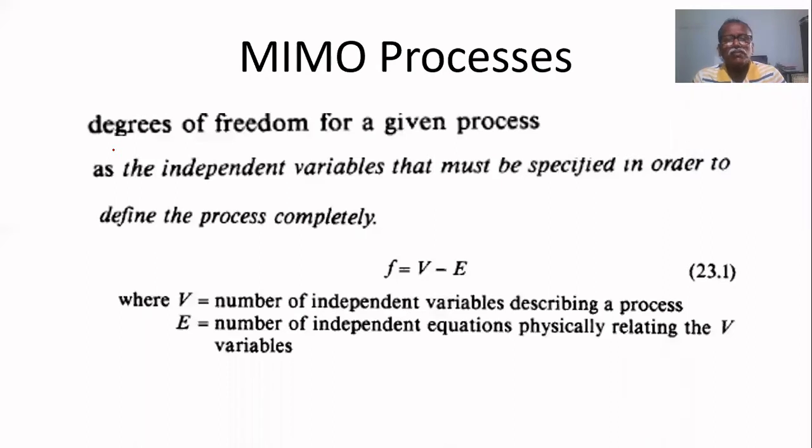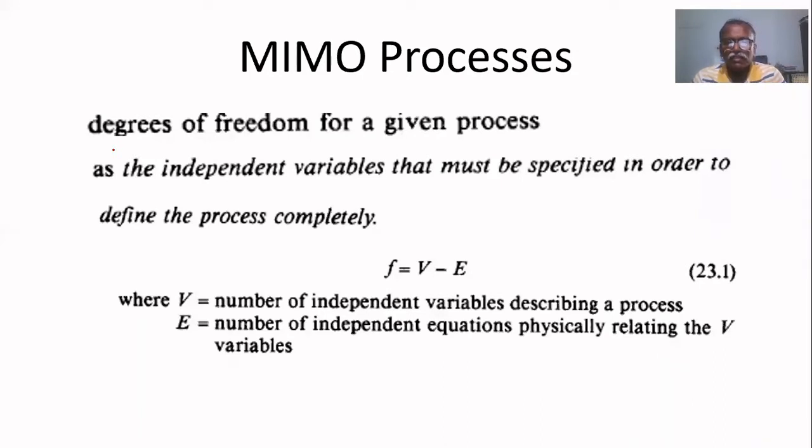How many variables we can control is equal to the degrees of freedom. The degrees of freedom for a given process is the number of independent variables that must be specified in order to define the process completely. It means there should not be any independent variables left. Suppose a process has n number of variables. If you define by equation n minus 4 variables, the remaining 4 variables are undefined.